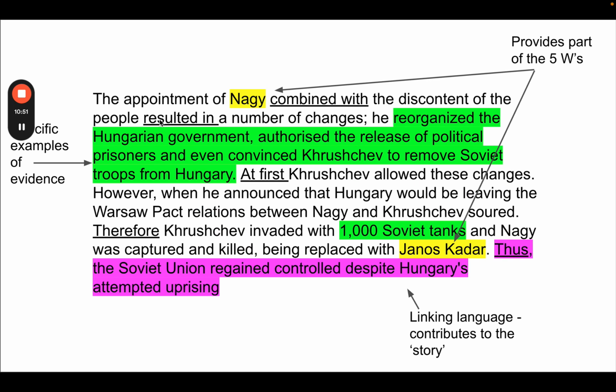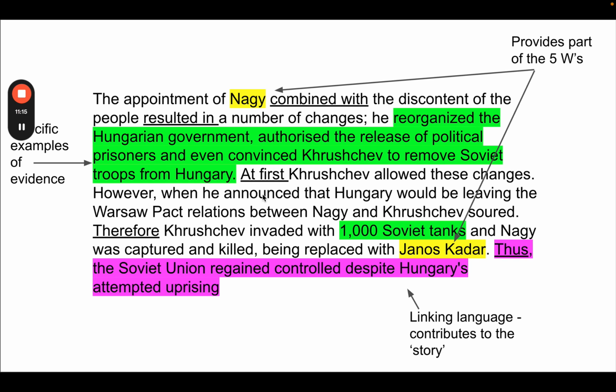To finish off, the appointment of Nagy combined with the discontent of the people resulted in a number of changes. He reorganized the Hungarian government, authorized the release of political prisoners, and even convinced Khrushchev to remove Soviet troops from Hungary. At first, Khrushchev allowed these changes, still linking into that narrative though.